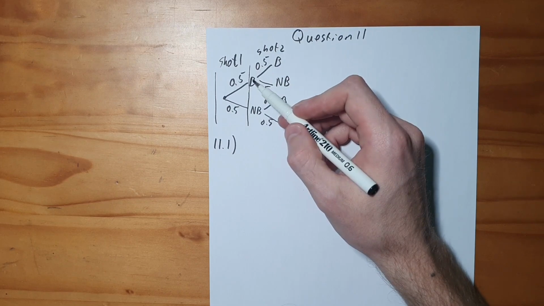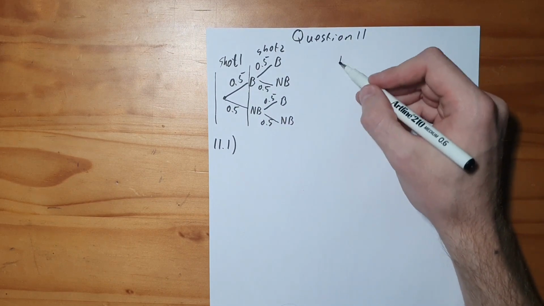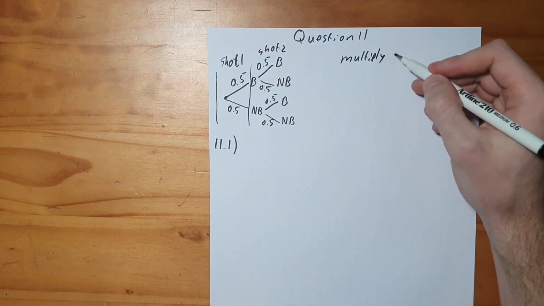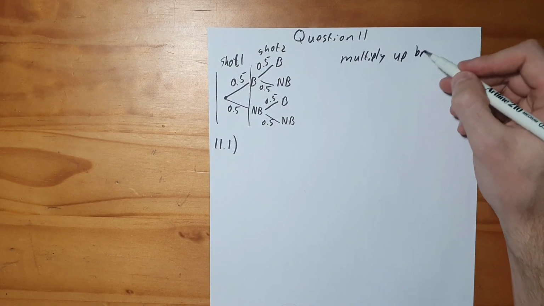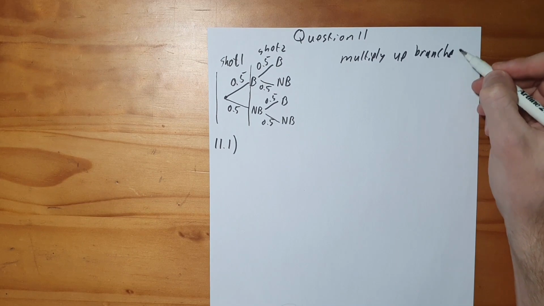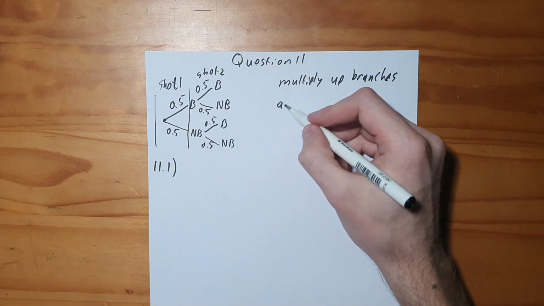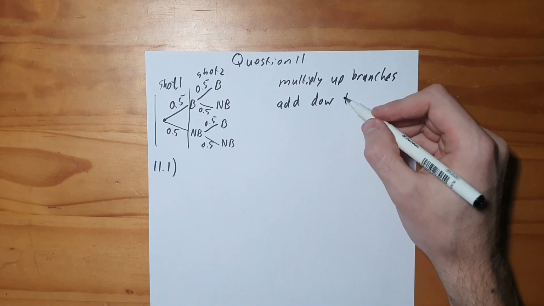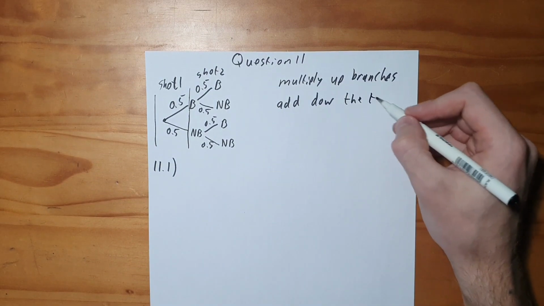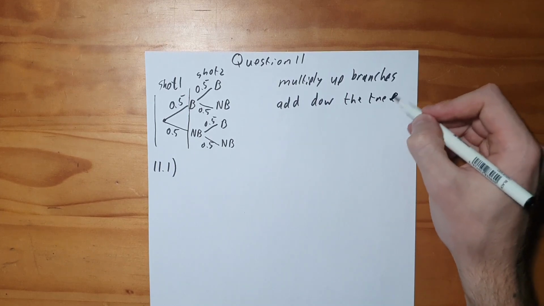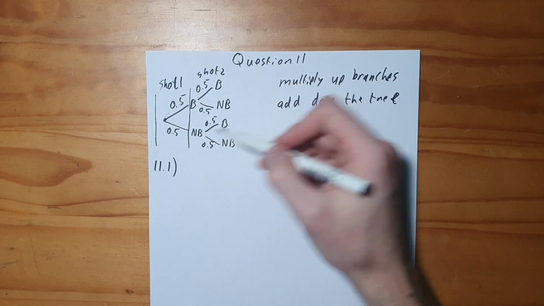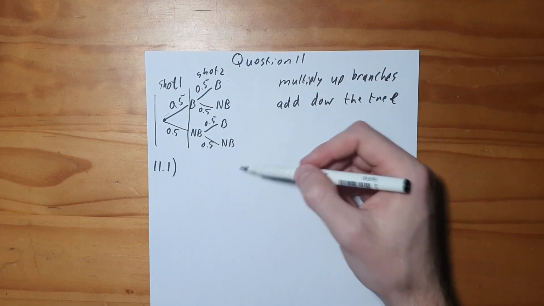Now remember, with tree diagrams we multiply up branches, and we add down the tree. So if I'm moving up, we're multiplying. If I'm taking each section of the tree, I'm adding as I move down.